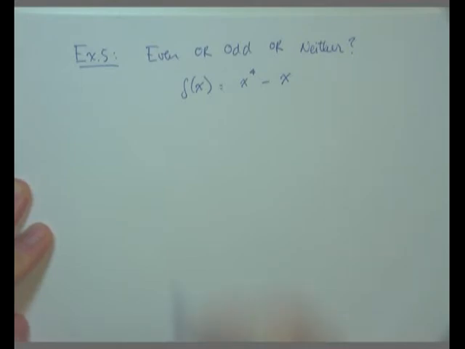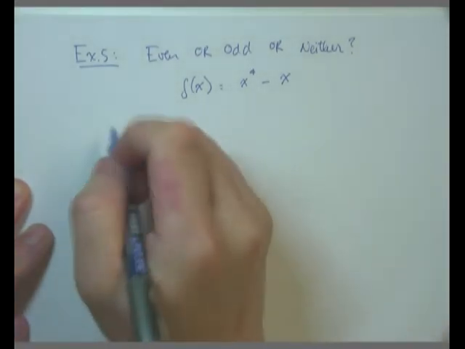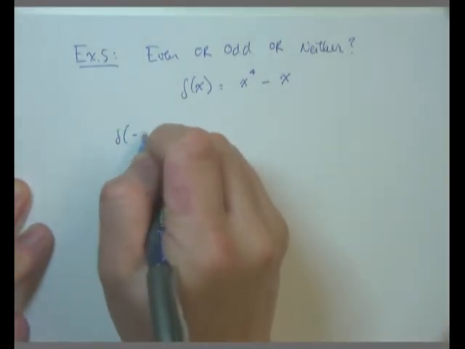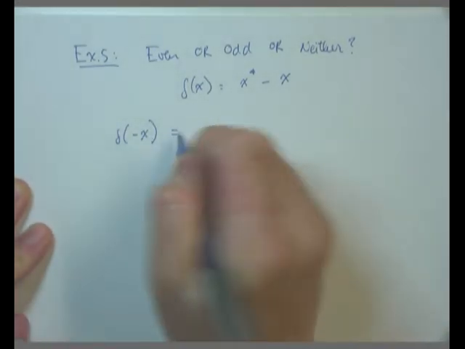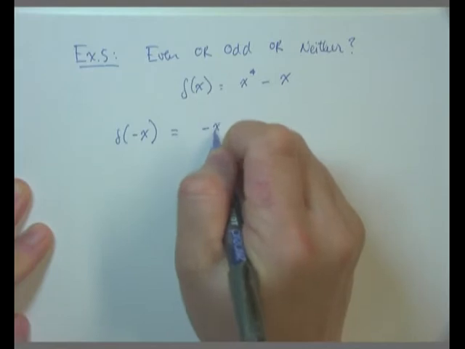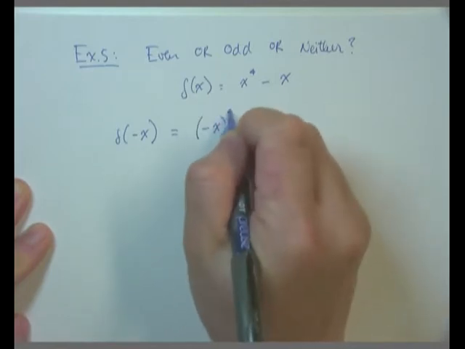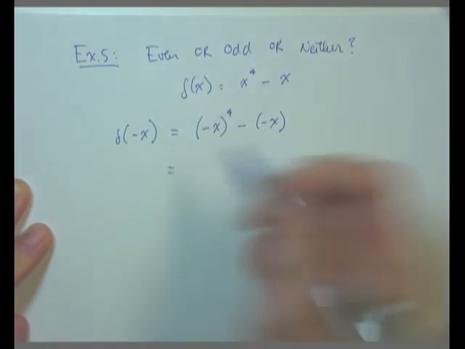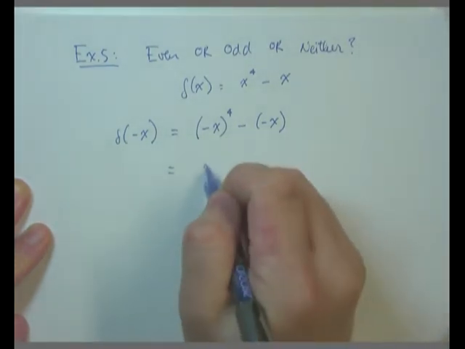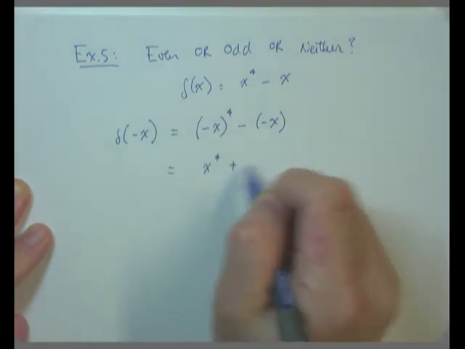Once again, the starting point is to replace the input argument by a minus x, and that turns out to be minus x all in quantity to the 4th power minus minus x, and all this is going to become positive x to the 4th plus x.